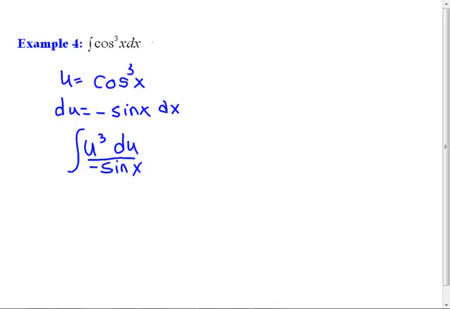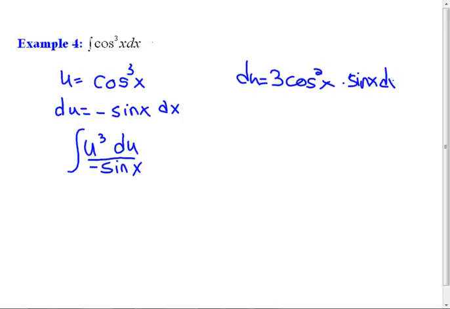Then the derivative would be, then du is equal to 3 cosine squared of x times the derivative of cosine, which is sine of x, dx.